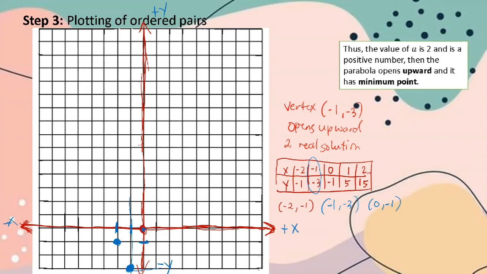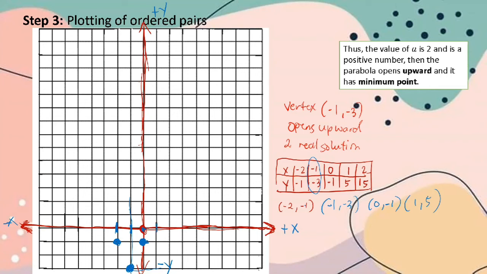Next naman natin is positive 1 and positive 5. So, yung positive 1 natin and positive 5. So, let's be here in our origin. Yung x natin is positive 1. So, this is positive 1. And then, yung y natin positive 5. So, pataas tayo.